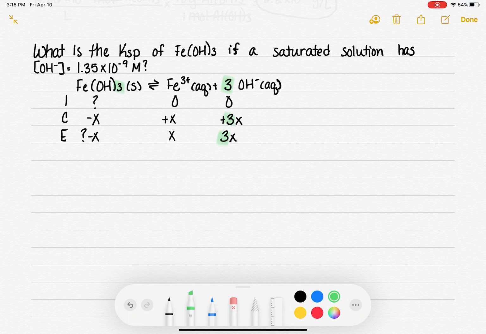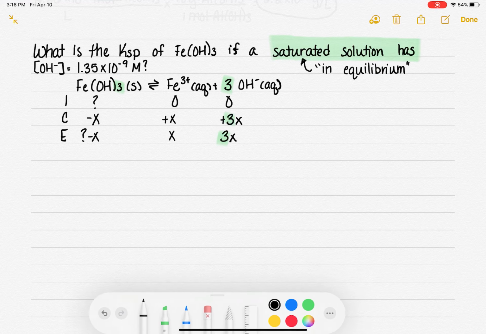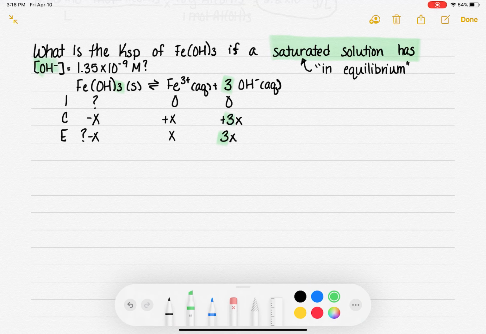Now this problem tells us the solution is saturated, and that means that it is in equilibrium. So when the solution is saturated, when it is in equilibrium, here's the hydroxide concentration.